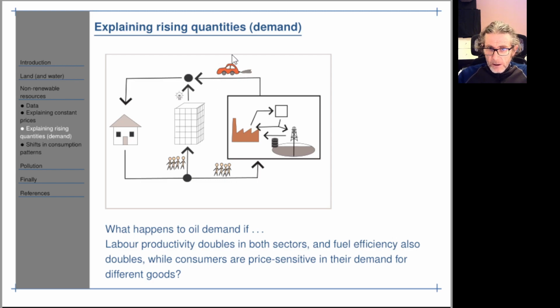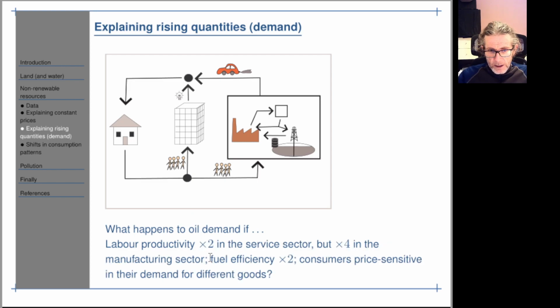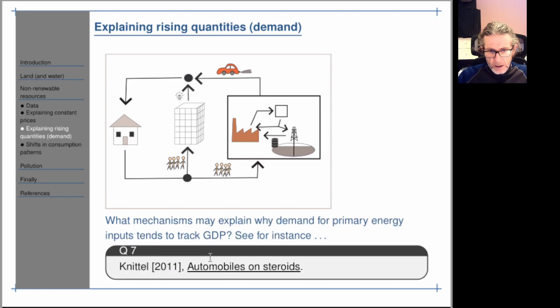So then households will buy more cars relative to their services. That's what we call rebound. One of the things that if someone wants to look at is rebound.